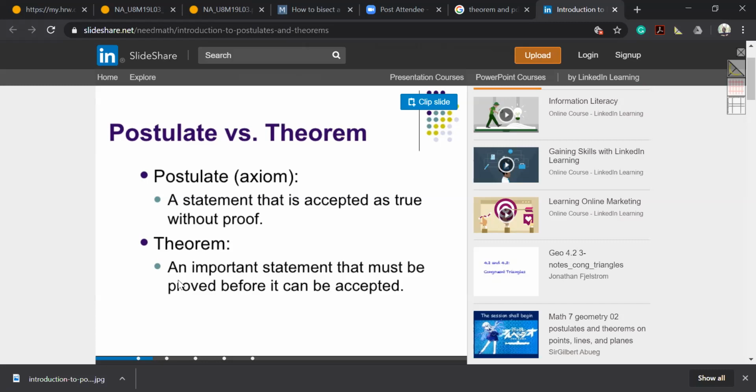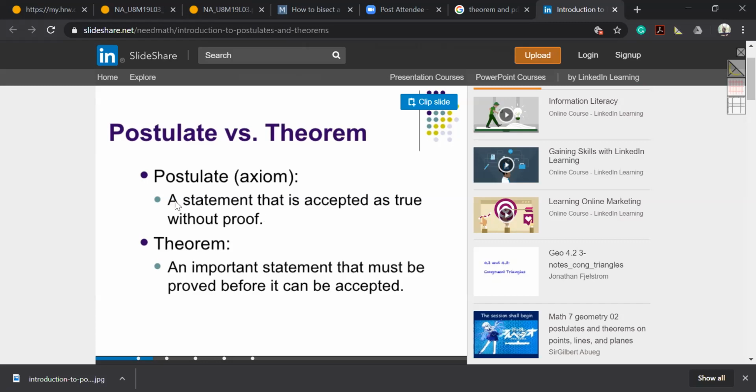This is a postulate. But a theorem is the opposite. A theorem is something true, but you have to tell me why it is true. You have to prove why it is true before we accept it. That's why when we are doing the proof, the two-column, the paragraph proof, the flow proof, you are always proving a theorem, not a postulate. Take care.